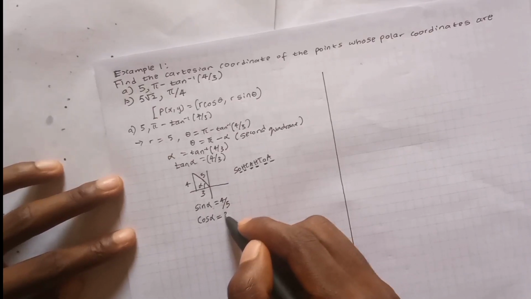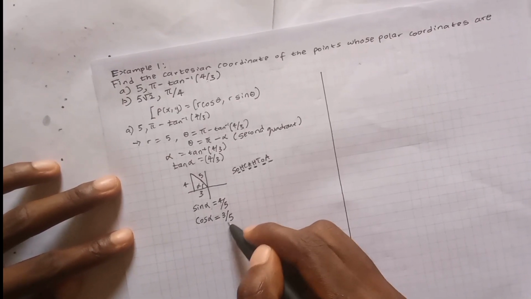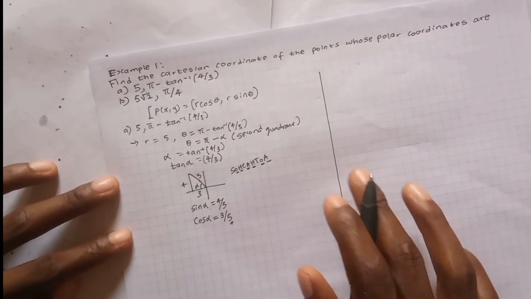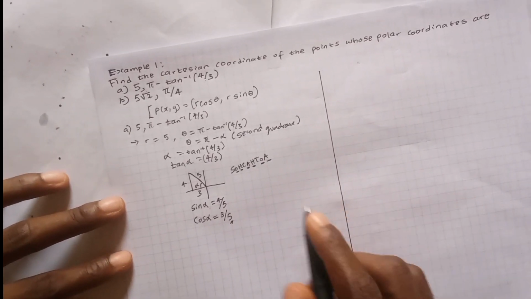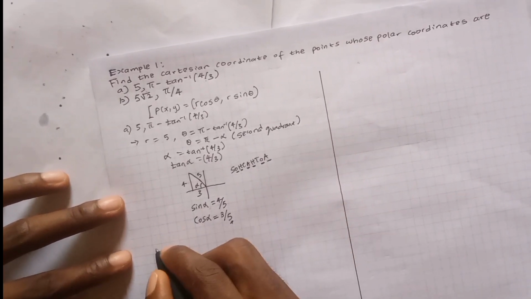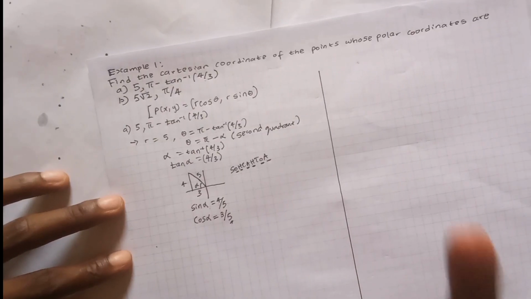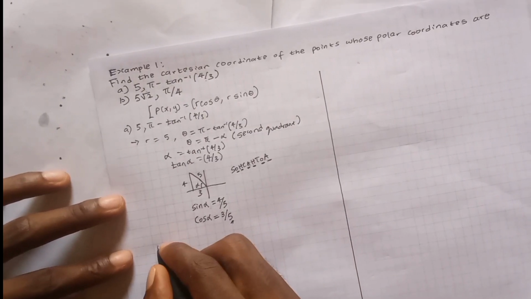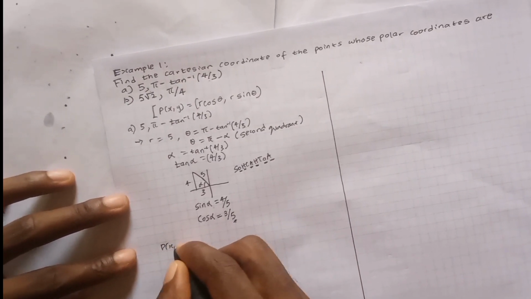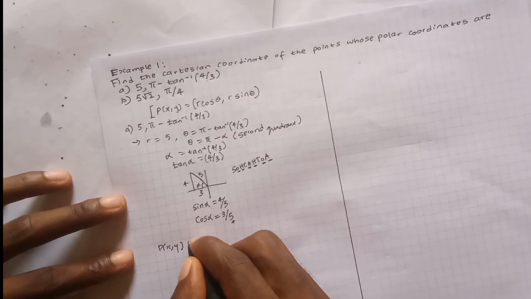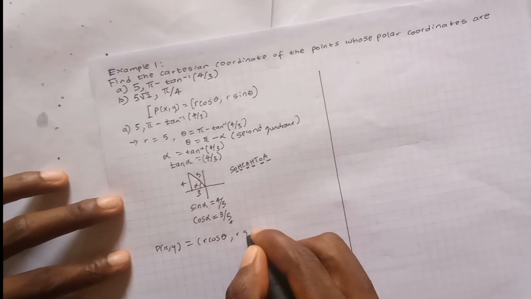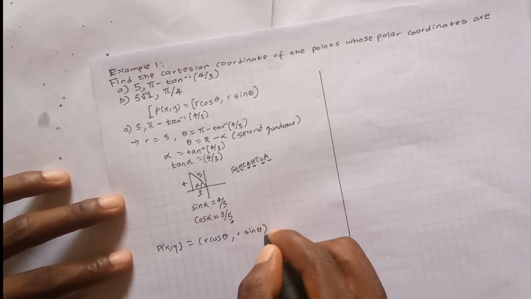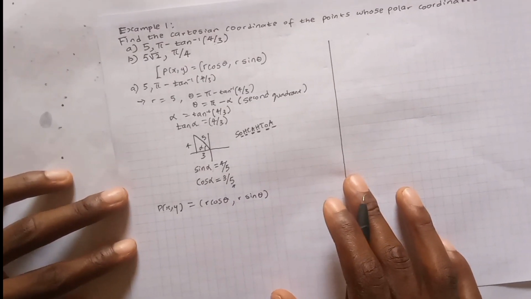What's the adjacent? 3. The hypotenuse? 5. So now that we have taken note of this, we can proceed to find the Cartesian coordinate. Now, we know that the Cartesian coordinate and the polar coordinate are related by this formula, P(x, y) is equal to r cos theta, r sine theta, right?